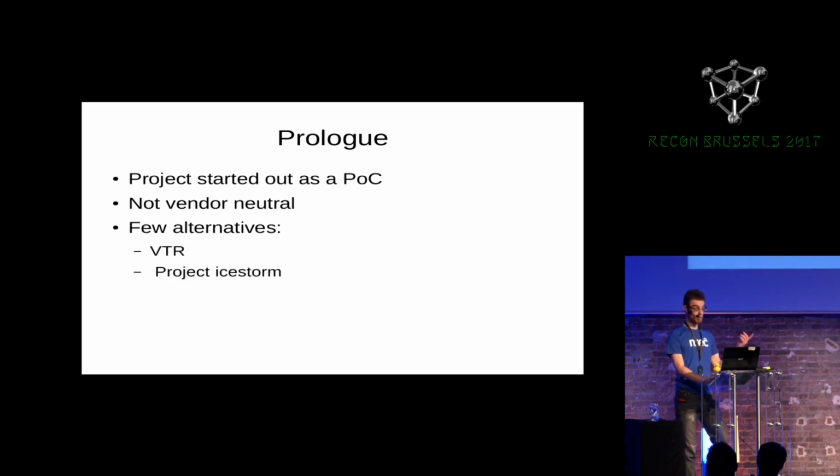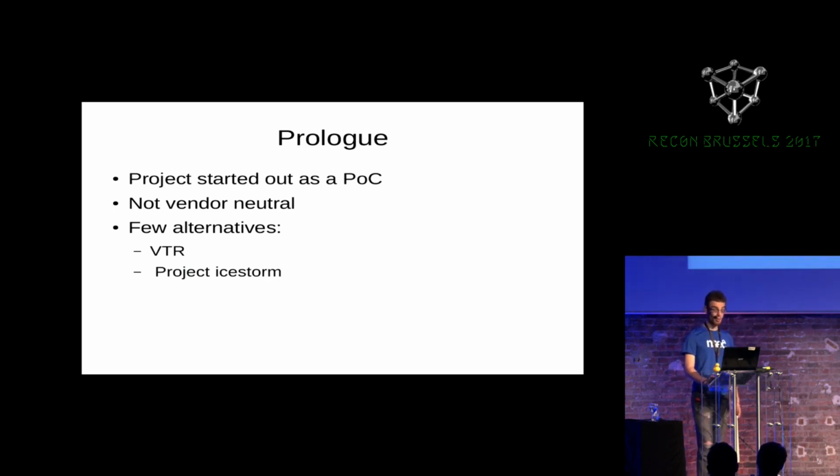So it was either going with VTR or Project IceStorm. But when I looked at IceStorm, it's in the middle: before going into an actual bit file, it's a partial bit file. If you want to analyze that, you're starting way too deep into the process.